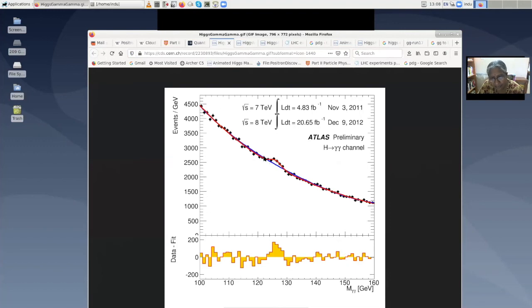So the excess events will keep adding only here. This will just remain the background. And so as time increases, the background will also increase, but the Higgs peak will also keep on increasing because there is a peak sitting over there. There's an excess in the cross section, there is a resonance over there.